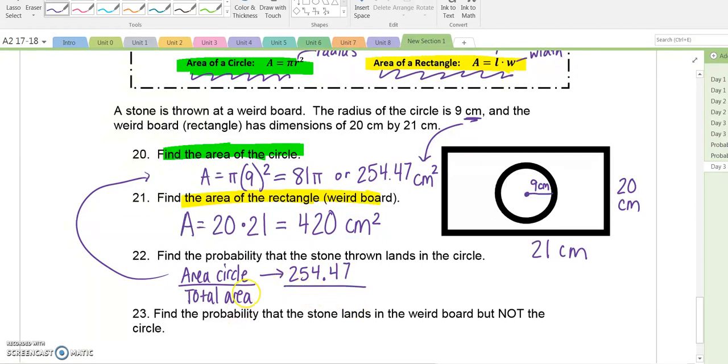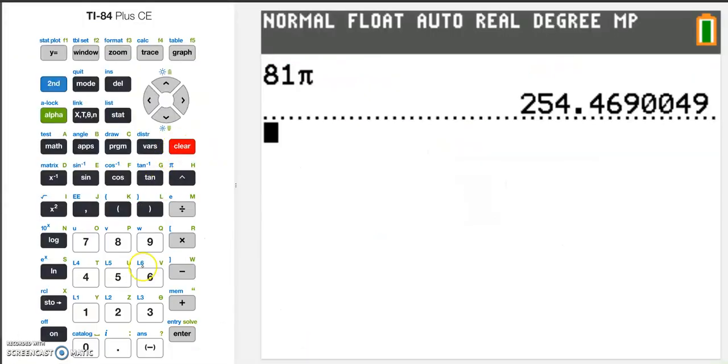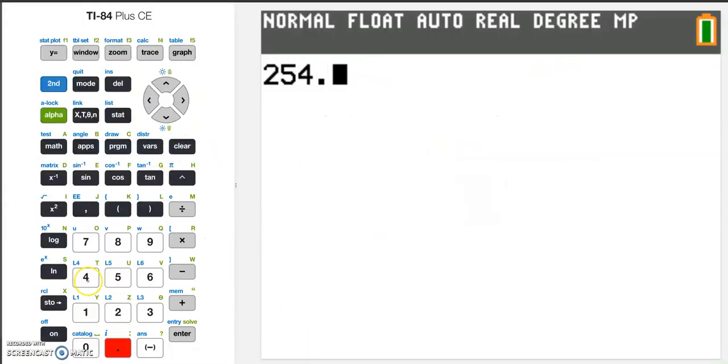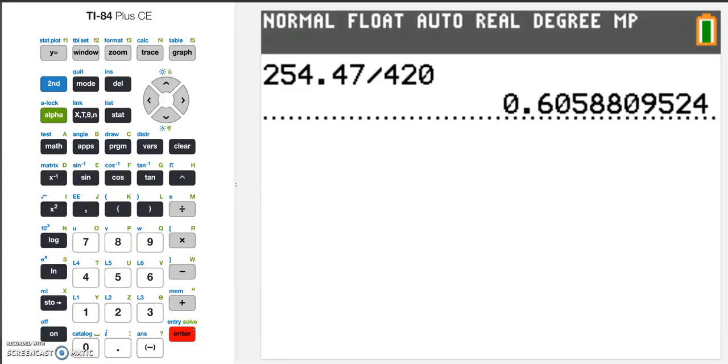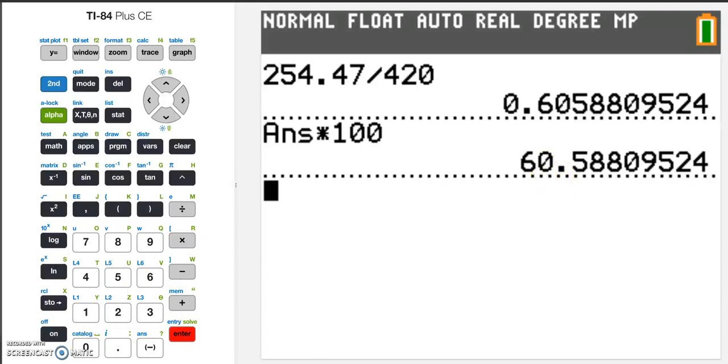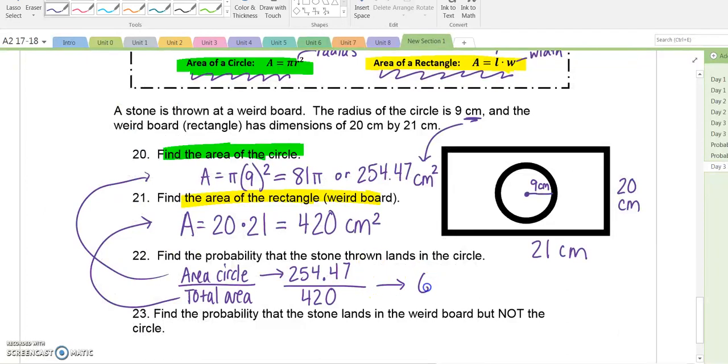The total area, well, that's like the area of the biggest shape. So that is actually what we found in number 21, so 420. I would type it into my calculator, 254.47 divided by 420. I like to use the percentage. I think it makes it easier, so I'm going to times it by 100 and round it, so that would be 61%.